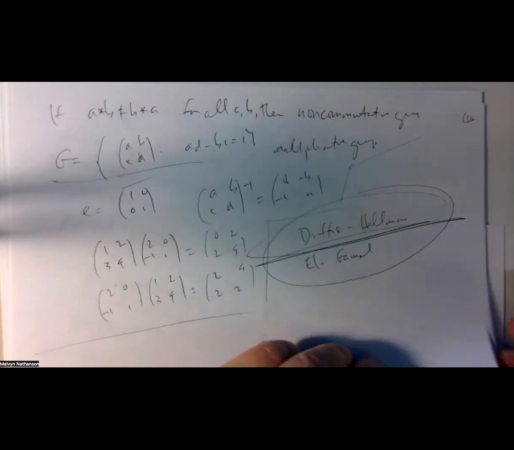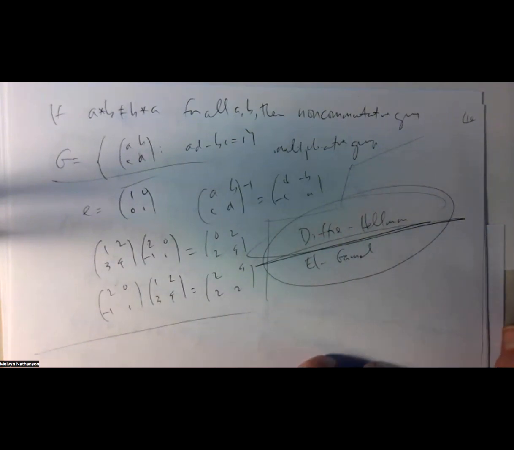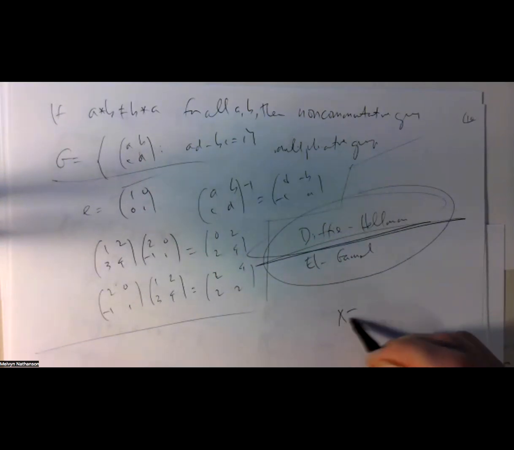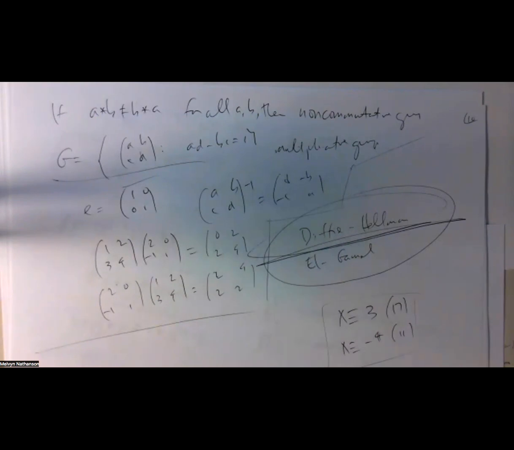The Chinese remainder theorem would be: find x such that maybe x is congruent to 3 mod 17, and x is congruent to minus 4 modulo 11. If it's a big number, you use a computer or a calculator.